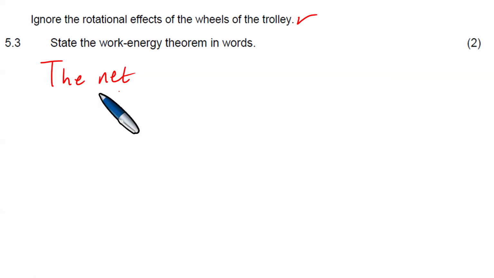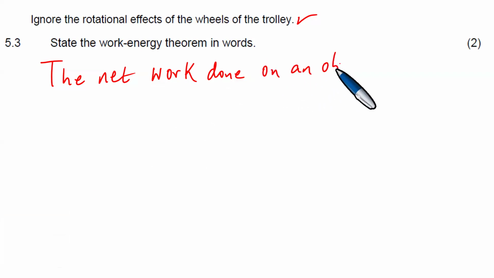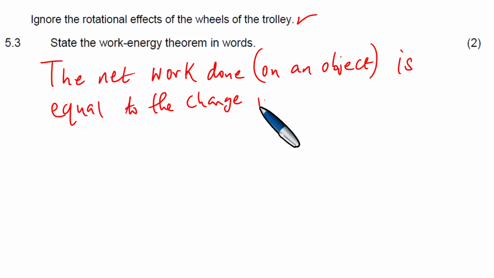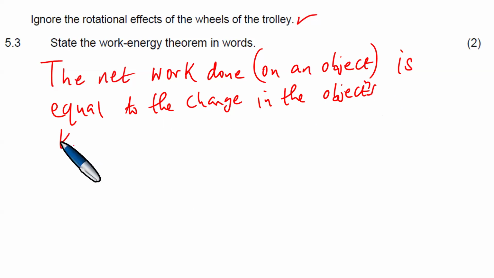That's correct. So we're saying the net work done on an object is equal to the change in the object's kinetic energy.